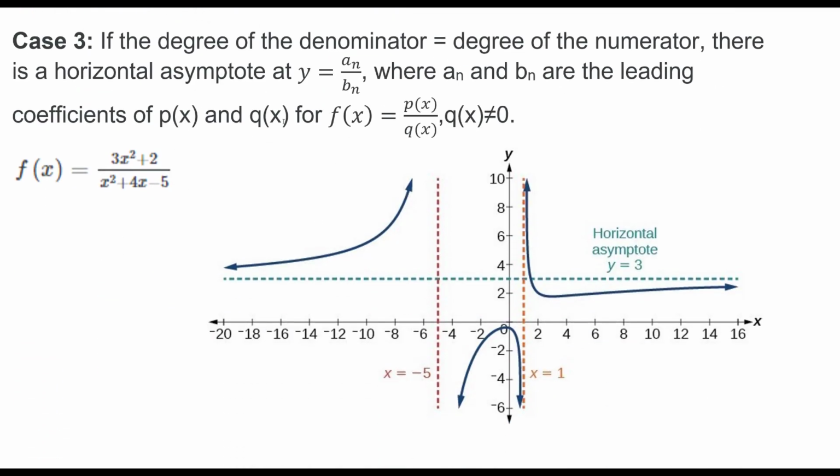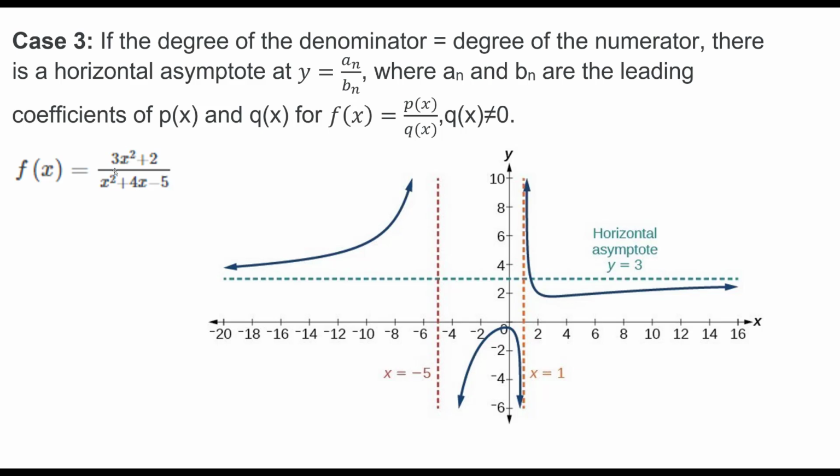In the third case, if the degree of the denominator is equal to the degree of the numerator, there's a horizontal asymptote at y equals a sub n over b sub n. That's the leading coefficient on top over the leading coefficient down below. Notice the n's are the same because you have the same degree on top and bottom. So in this case, we have 3x squared plus 2 over x squared plus 4x minus 5.